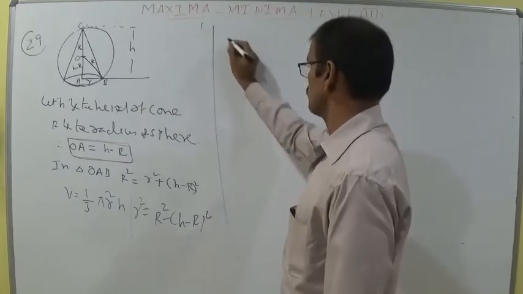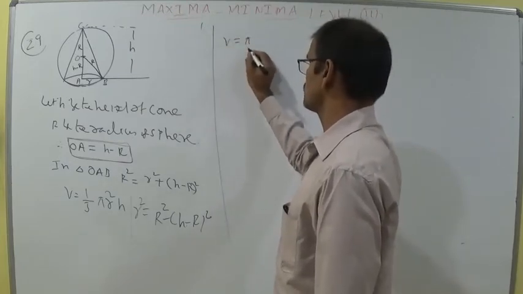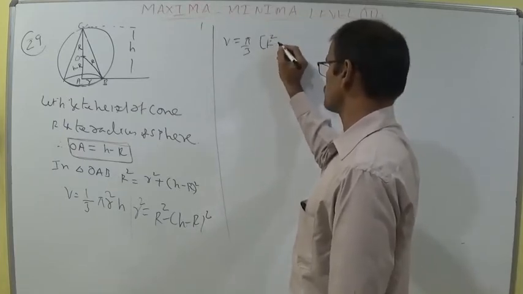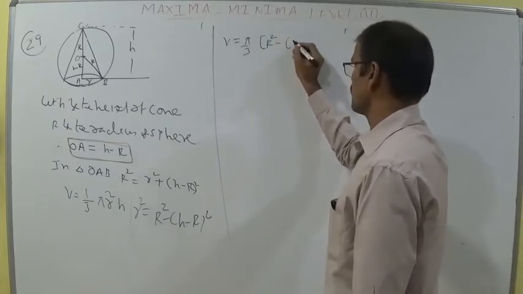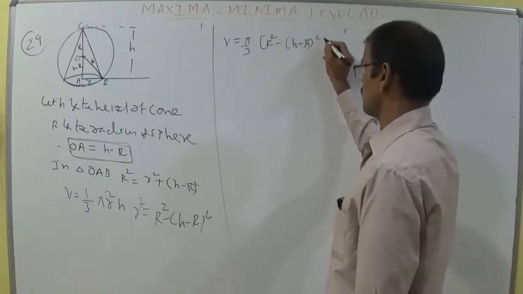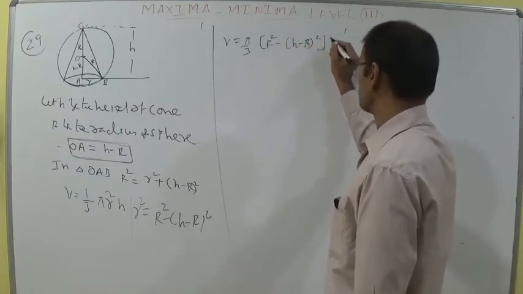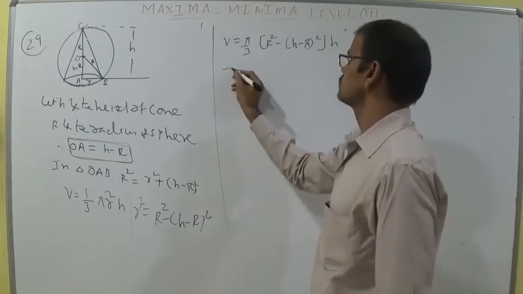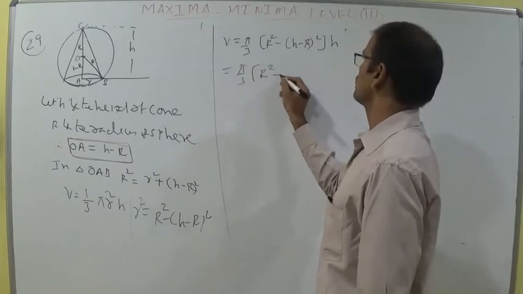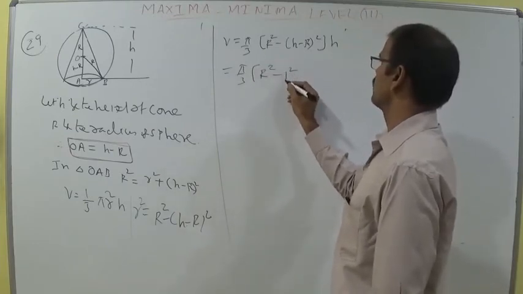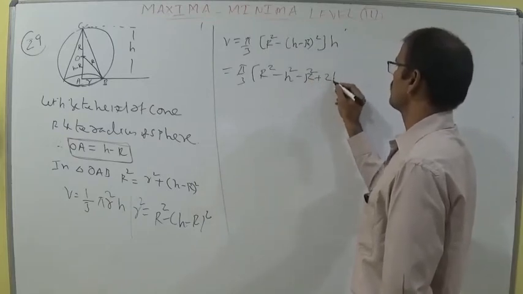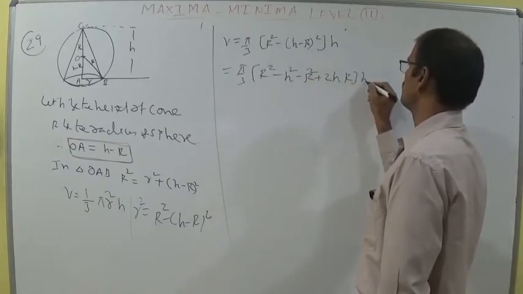So V is equal to pi by 3 into, instead of small r square we write capital R square minus H minus capital R whole square, into H. That is equal to pi by 3 into, expand this, R square minus H square minus R square plus 2HR, into H.